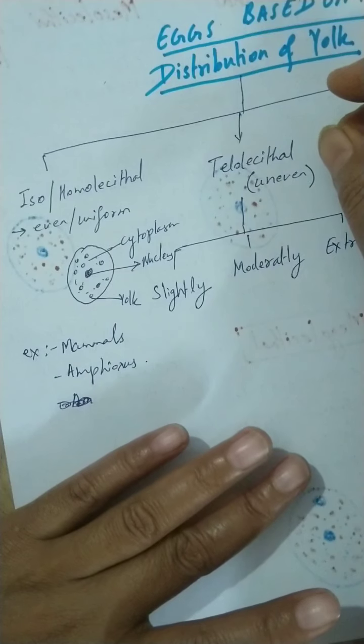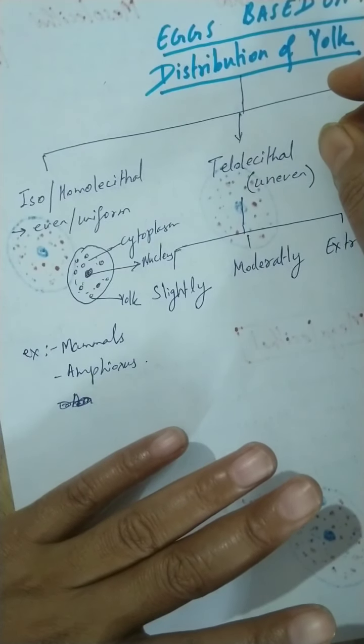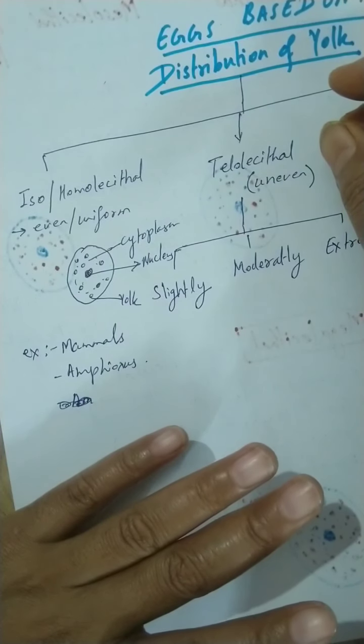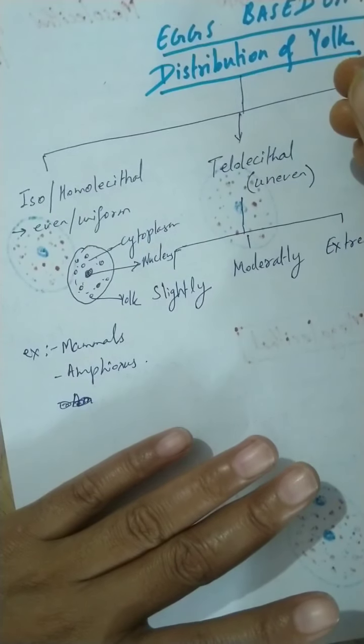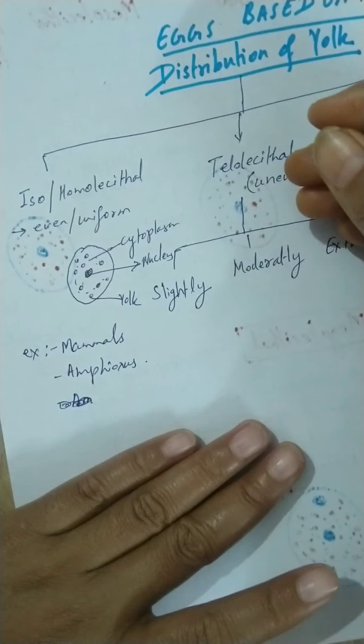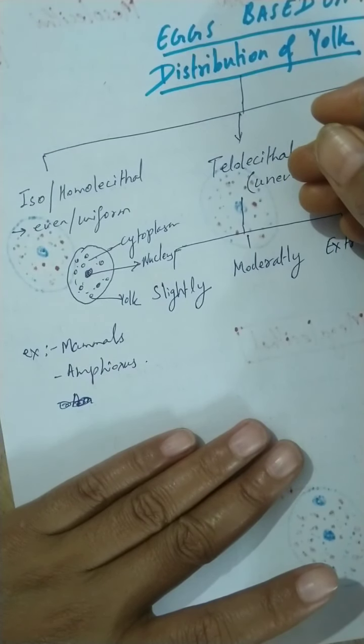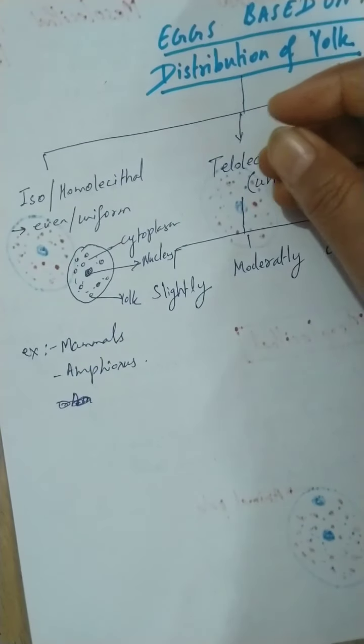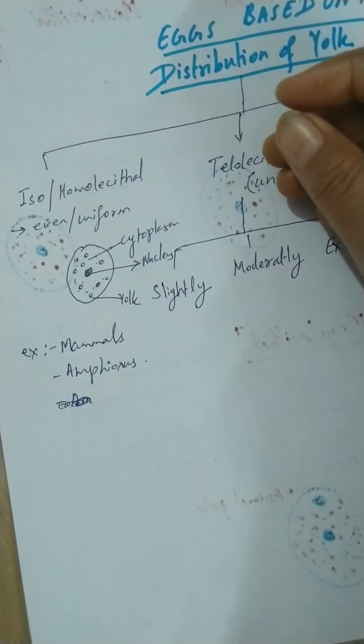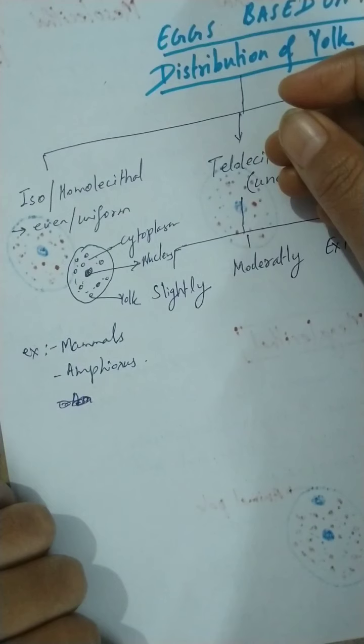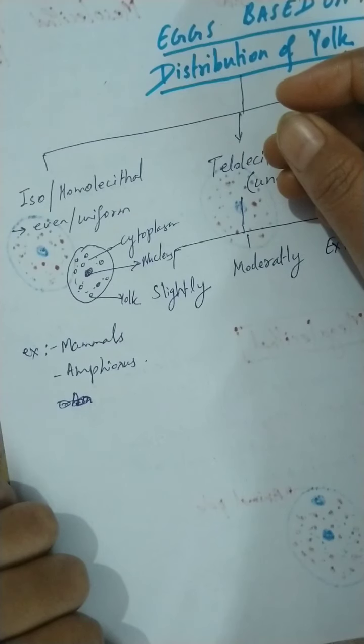Thus, in telolecithal eggs, the yolk, due to its gravity, is concentrated more in one hemisphere than in the other. Because of the uneven distribution of yolk, such an egg is said to have a vegetal pole, where the concentration of yolk is greatest, and an animal pole, where the concentration of yolk is smallest.